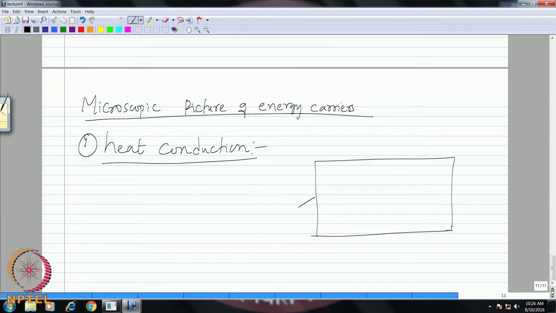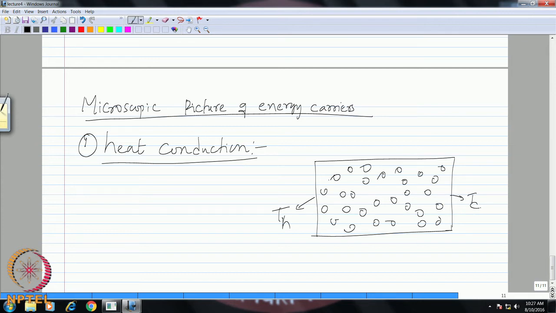If you take a system or a slab where only conduction is happening, or a box which consists of gas where only conduction is assumed to happen, you have a high temperature T hot on one end and T cold on the other end, and this is filled with gas molecules, plenty of them. This is still at macro scale where continuum approximations are valid.